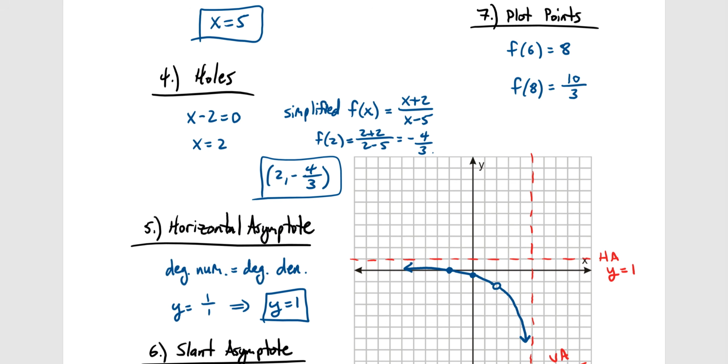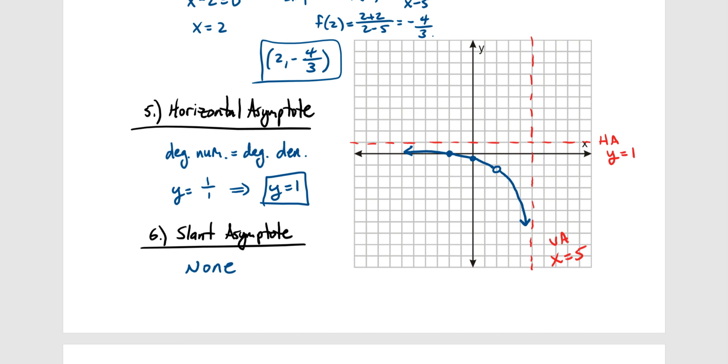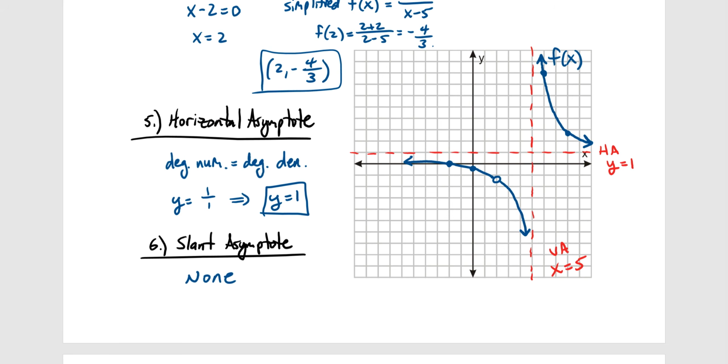Using the x coordinates 6 and 8, I got f of 6 equals 8 and f of 8 equals 10/3. So we can plot those down here. We got those 2 points, and now we can just connect them similar to how this usually looks. And this is our graph of our function f of x.